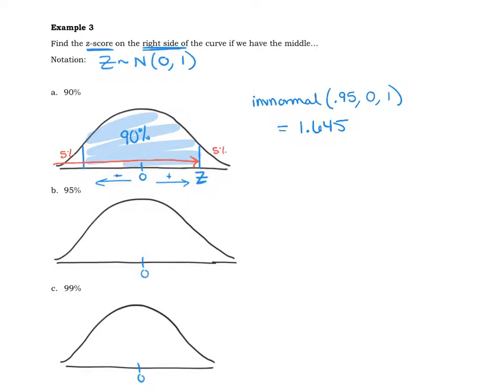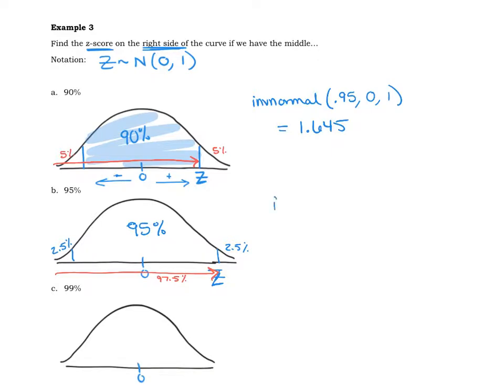Okay, all right, so similarly with the next one, if we're going to go 95% of the area, okay, so again, in those tails, that's 2.5% on each end because we've got 95% of the area already taken up, okay? Our z value is over here on the right that we're looking for. So starting all the way down at the left and going all the way up, notice that that is 97.5% of the area.